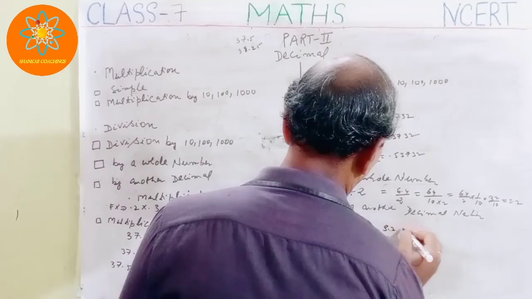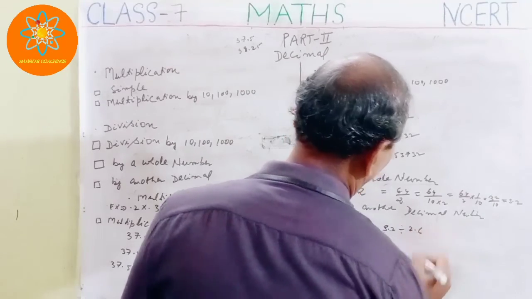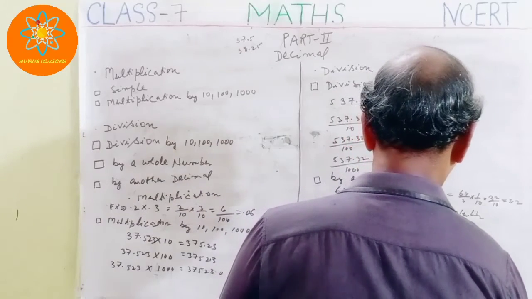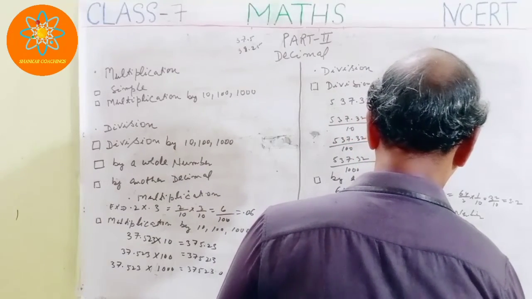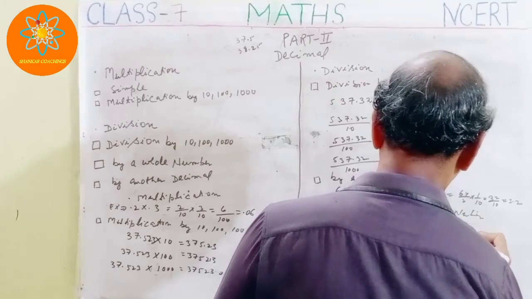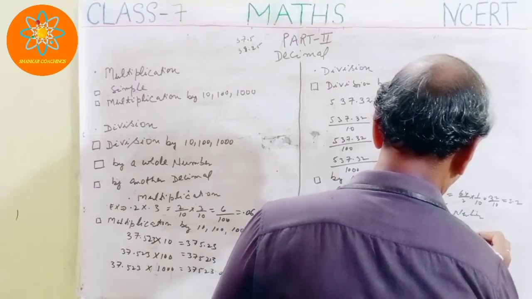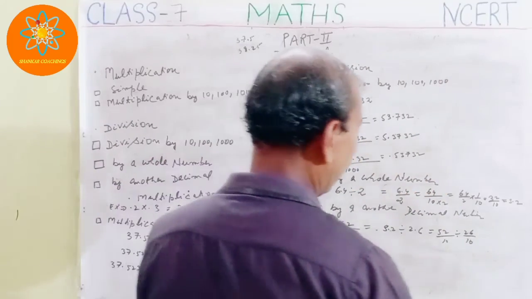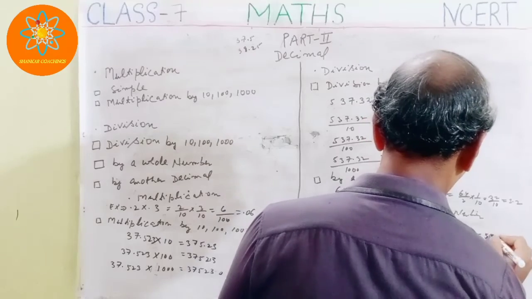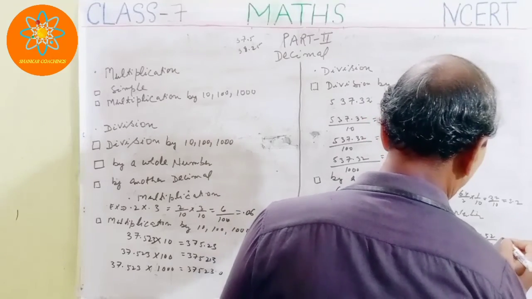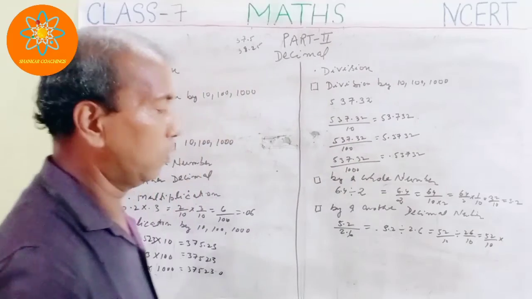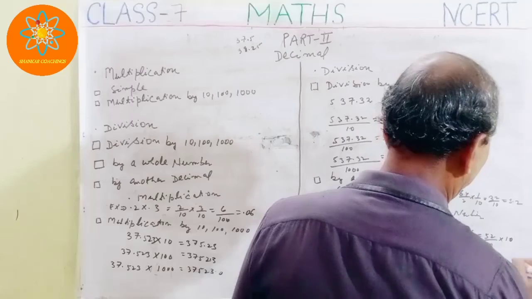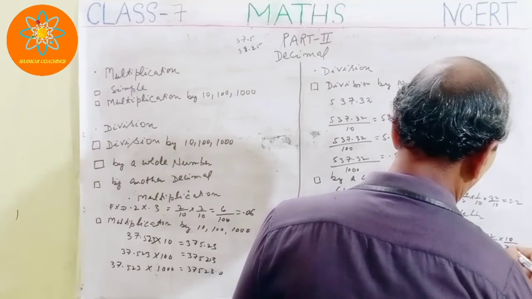Or I can write it in this way: 5.2 divided by 2.6, which is equal to 52 by 10 divided by 26 by 10. Or I can change it in this way: 52 by 26 into 10 into the reciprocal of this one, so 10 by 26.